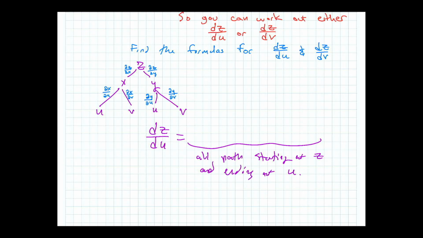So we don't care about the ones that end at v. We only care about the ones that end at u right now. So like what would that be? Oh, I can use the highlighter. Hold on. So like you can go from z to x and from x to u. And also you can go from z to y and from y to u. So those are the two paths that start at z and end at u.